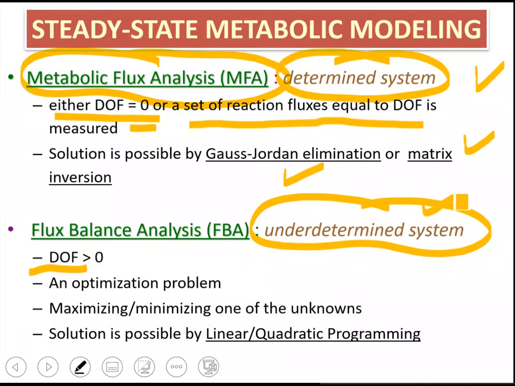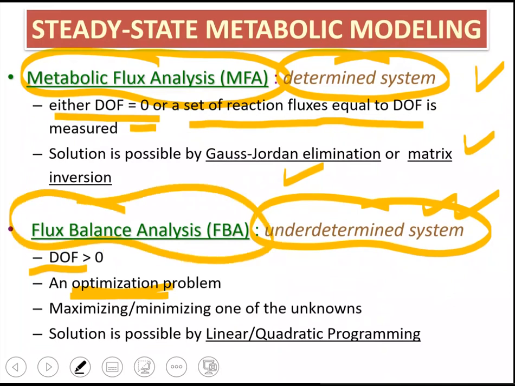These underdetermined systems are solved by using optimization, and solution of underdetermined systems by using optimization for metabolic networks is referred to in literature as flux balance analysis, FBA.